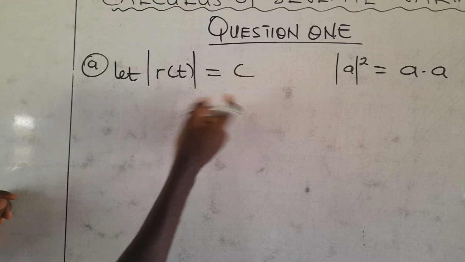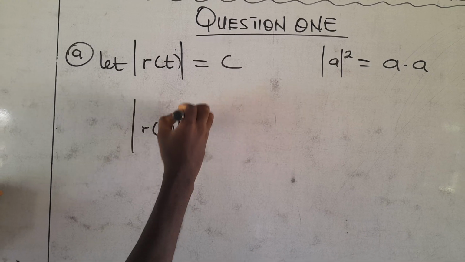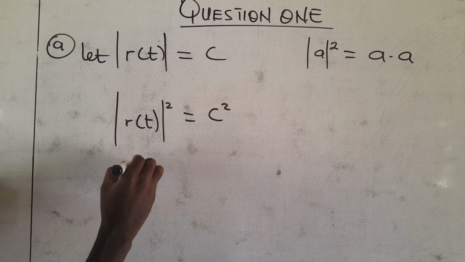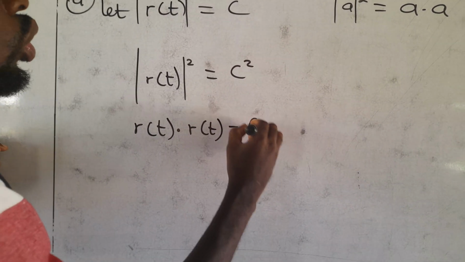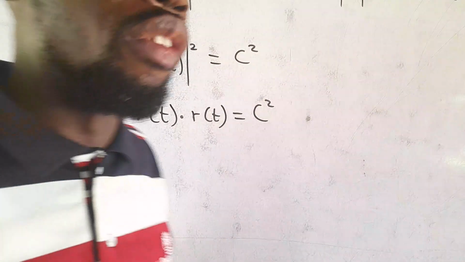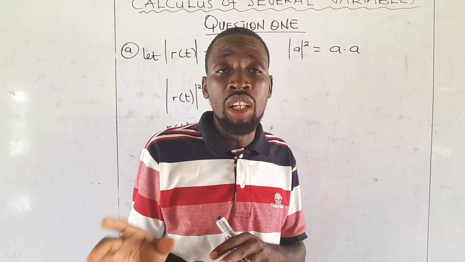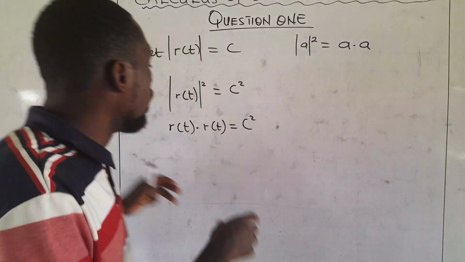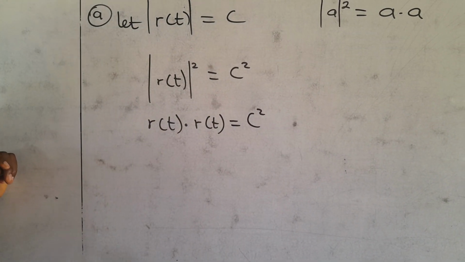So we square both sides of this equation. The magnitude of R of t all squared is equal to C squared. Then the squared magnitude becomes R of t dot R of t, equal to C squared. When we say 2 vector valued functions are orthogonal, that means their dot product is equal to 0. To get the derivative, we differentiate this equation.